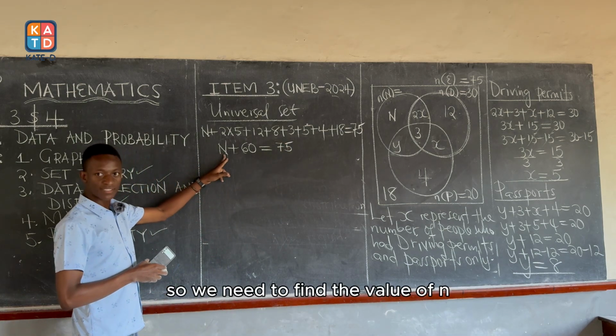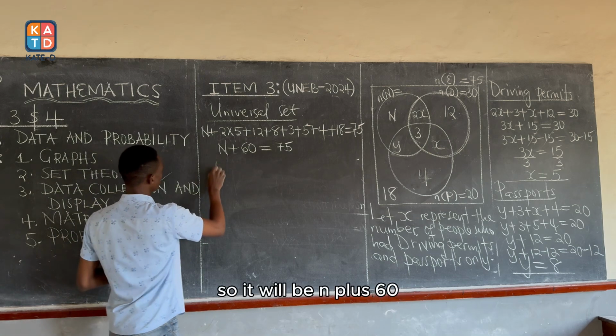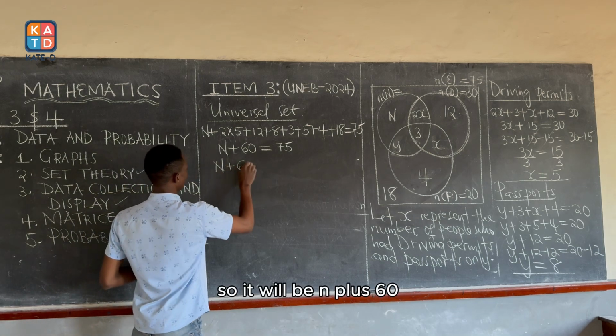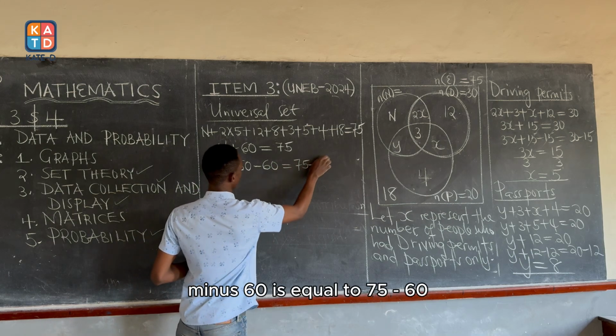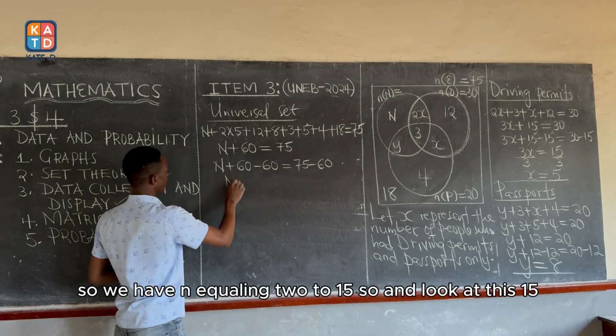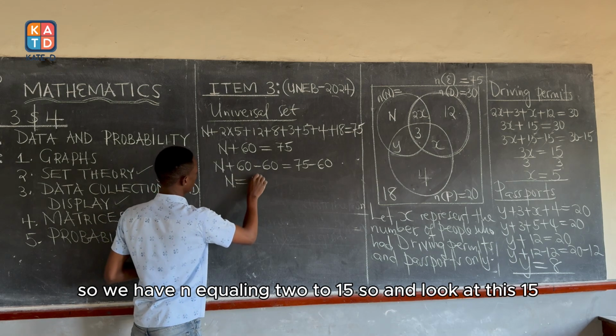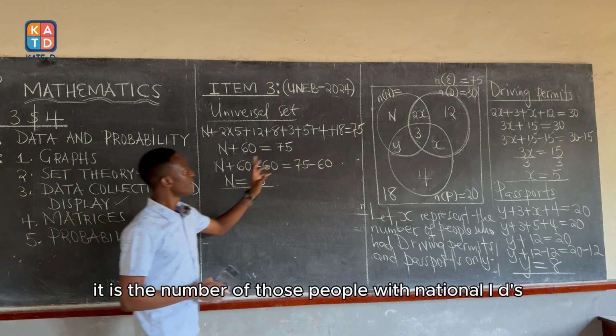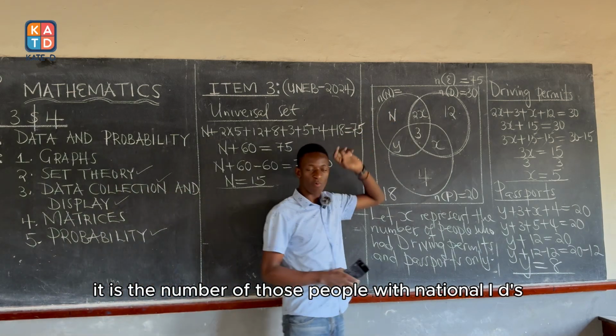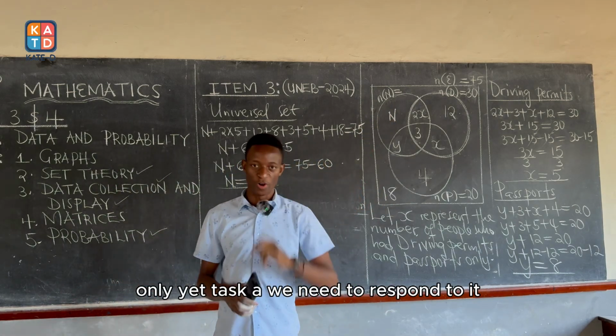We need to find the value of n. So n plus 60 minus 60 is equal to 75 minus 60. So we have n equaling 15. When you look at this 15, it is the number of those people with national IDs only.